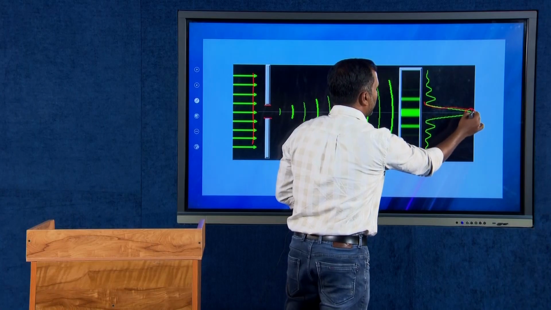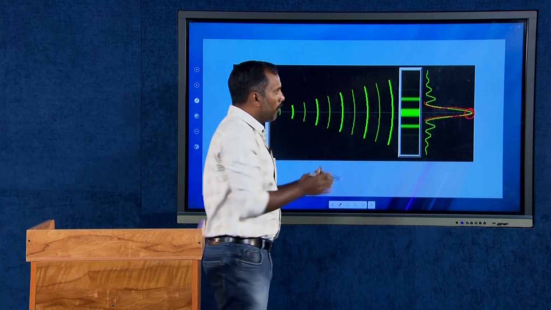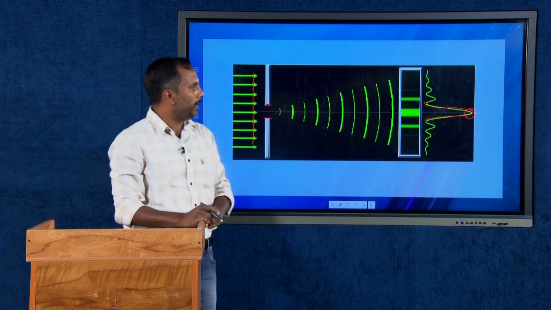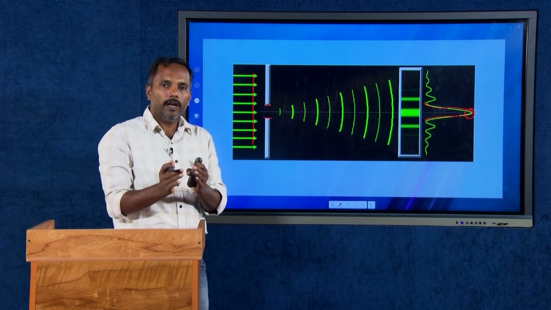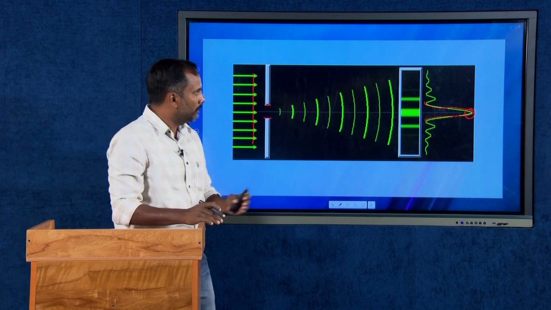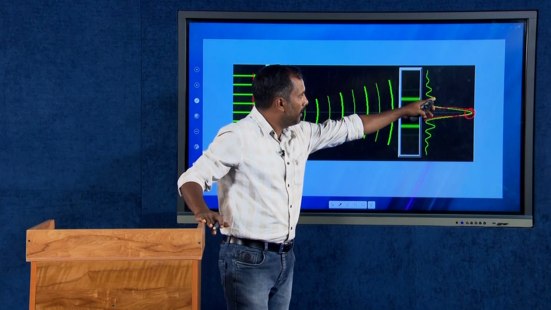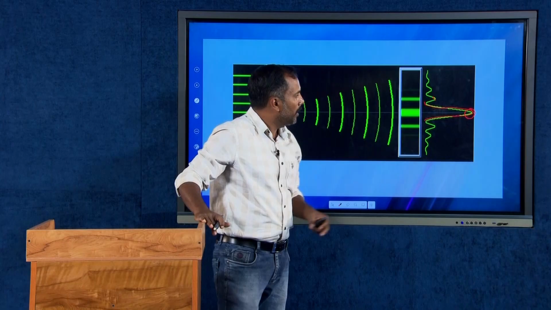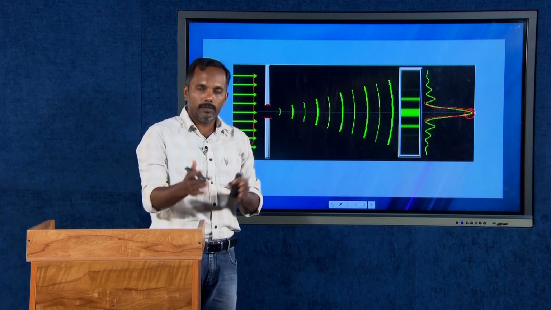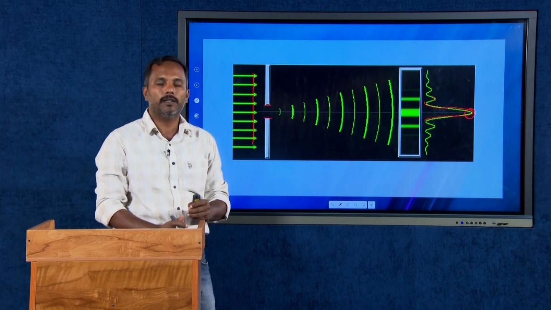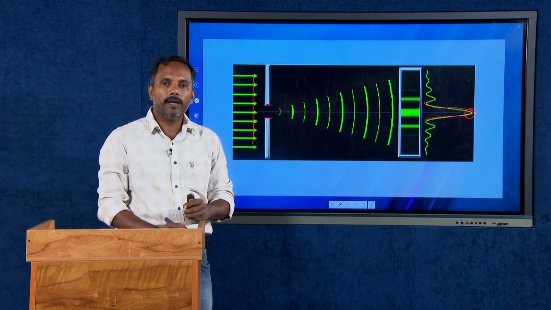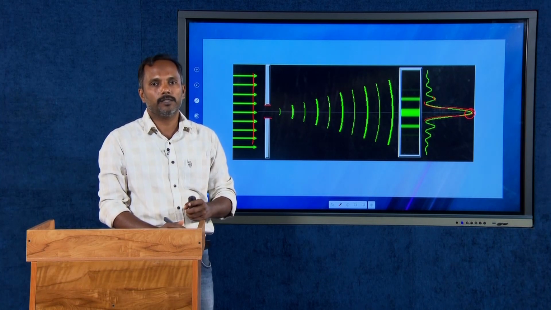Here the intensity will be maximum, and on both sides of the central maxima we will get alternate dark and bright regions with less intensity. The intensity at these maxima is less in comparison with the central maxima, so we call them secondary maxima.